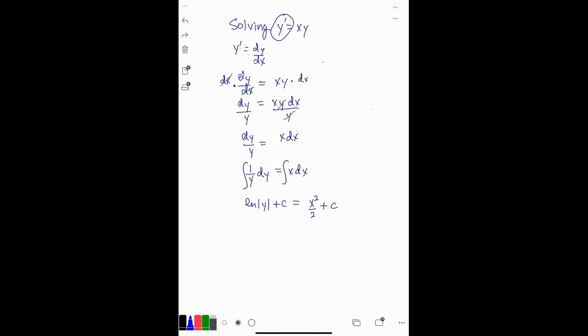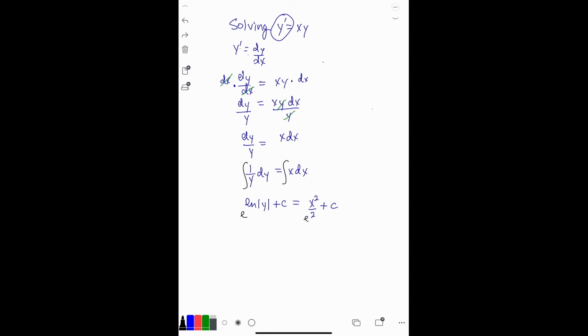Okay, so remember, we're solving for y. So the main thing that we want to do is get rid of that natural log that's in front of that y. In order to do that, we need to put an e in front of it. And whatever we do on one side, we have to do on the other, right?